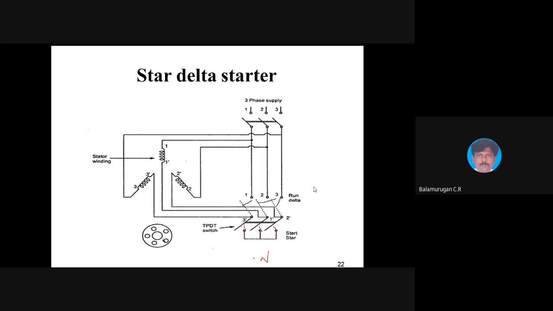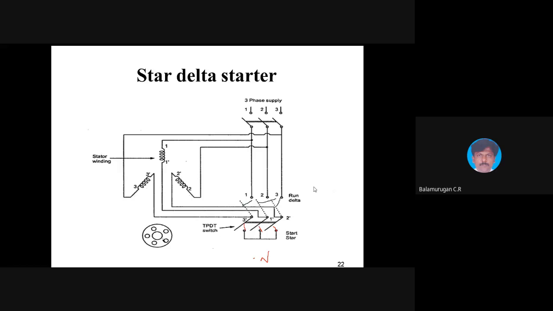Here in these starters we have moving contacts: one is the variac, then the TPDT switch. If you want to change over the position, then we'll have some interruption. This will be avoided in the case of solid state drives, which are advanced types of starter using power electronic devices.